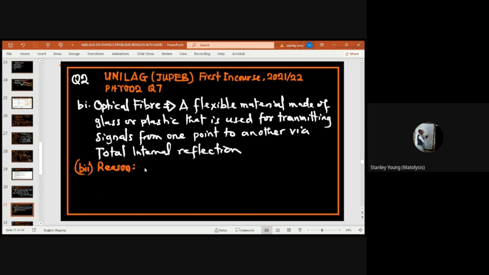The straightforward answer is because it has a lower optical density compared to glass.